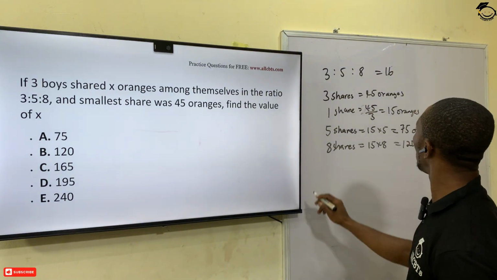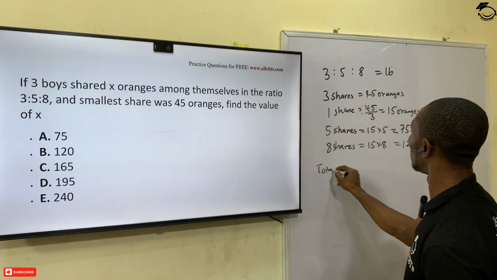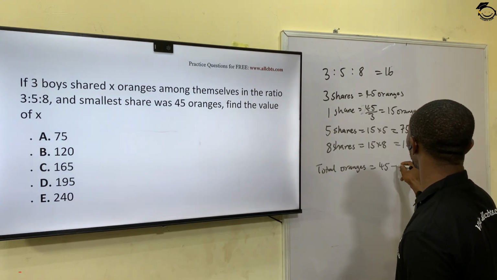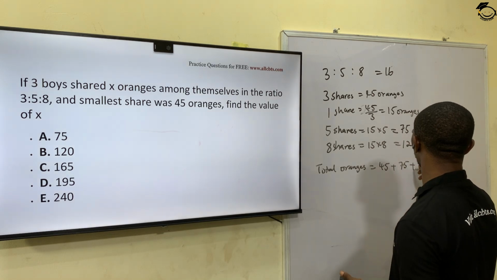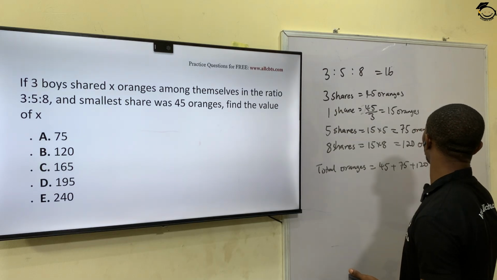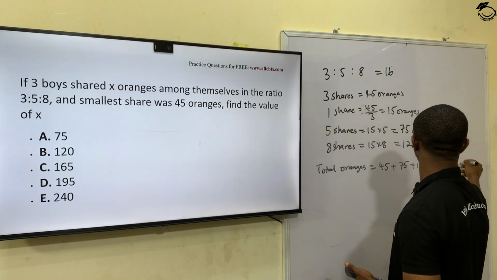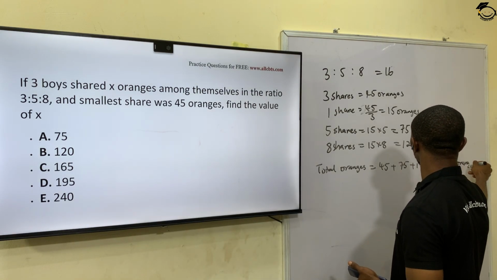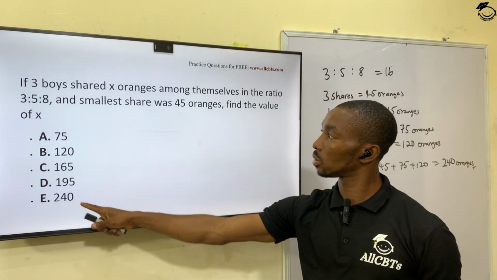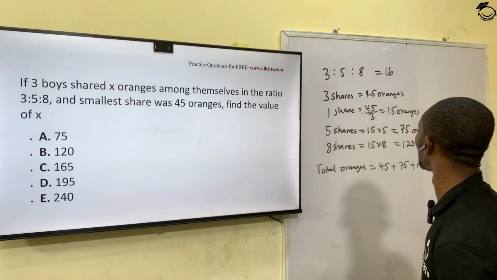So the total oranges would be 45 plus 75 plus 120, which gives us 240 oranges. So the total number of oranges shared was 240.